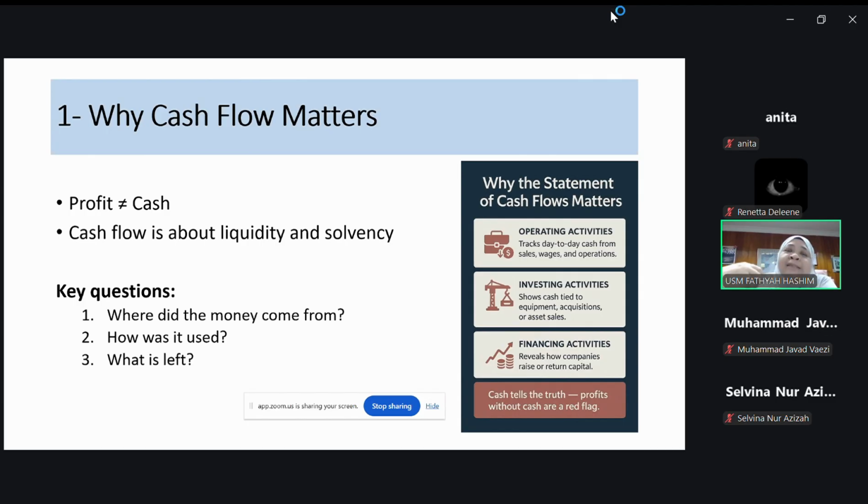But banks want to look at the ability of the company to meet the agreement, the installment or the payback of their loan in the future. So they will be looking at the cash flow statement to see the potential ability of the company to pay back. So that's for the suppliers.